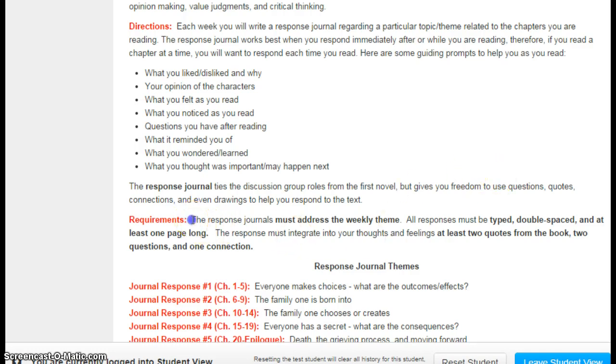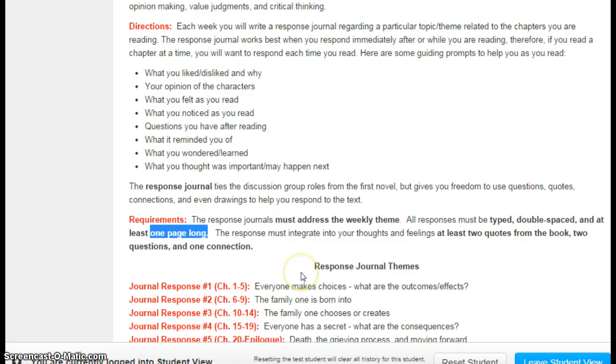So here are the requirements. You must address this weekly theme of choices, and we want you to make sure that you have at least one page typed and double spaced for your written response, your reader's response.